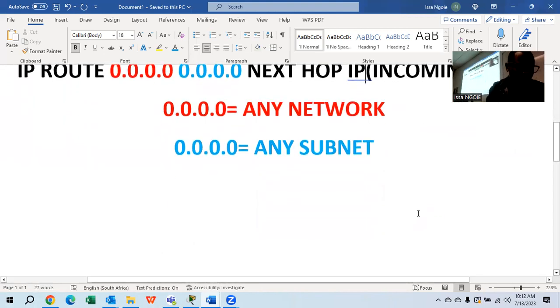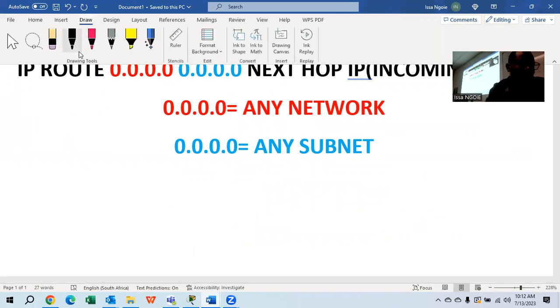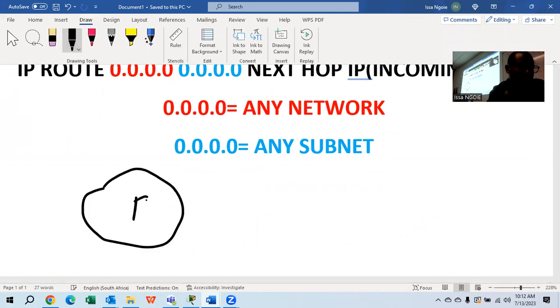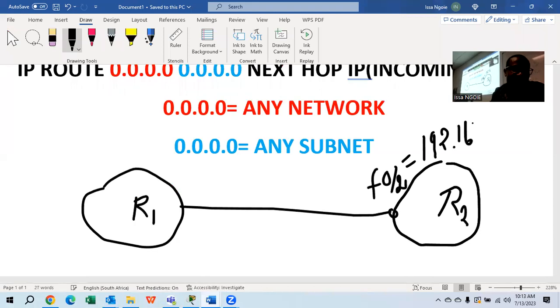Like you have two routers. Right. Let me try to draw something there. You have like router 1 here. You have router 2 here. Suppose like this one, it's FastEthernet 0/2, right? And the IP, it may be 192.168.0.2.